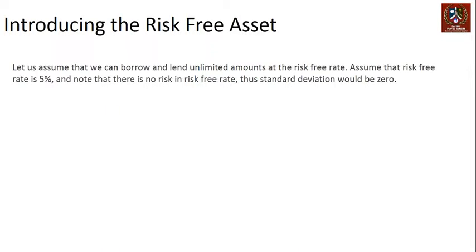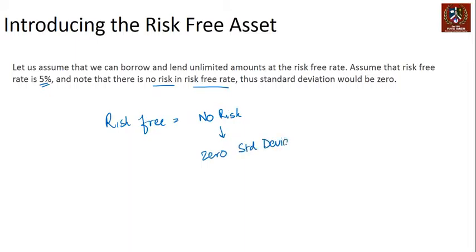Right. Now let's assume that we can borrow and lend unlimited amounts at the risk-free rate. Let's also assume that the risk-free rate is 5%, and we note that there is no risk in the risk-free rate. It's called risk-free because there is no risk. The return is fixed, which would mean zero standard deviation in the risk-free asset.